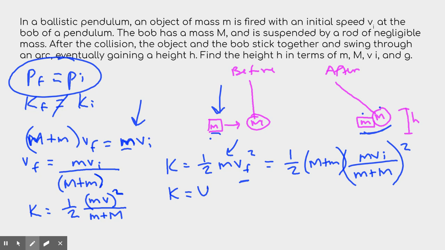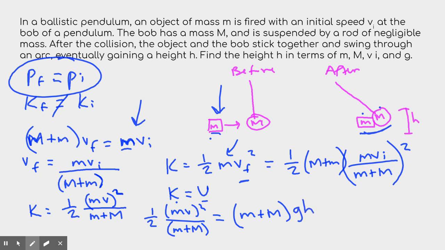Let's go ahead and replace both of these. So we have 1/2 times mv, and we're squaring that, over m plus m equals, again, we have both masses. Make sure you put both of them, times the gravity times the height.